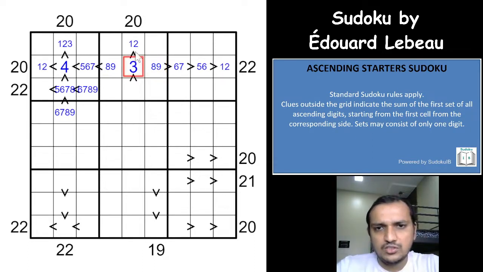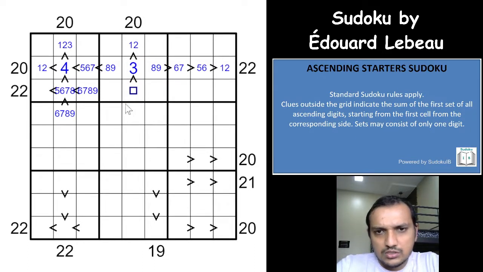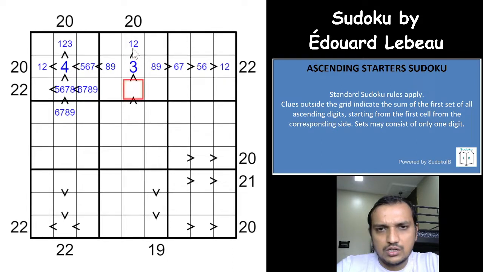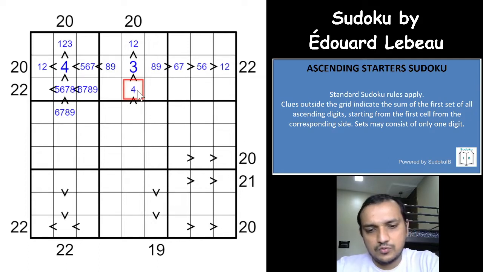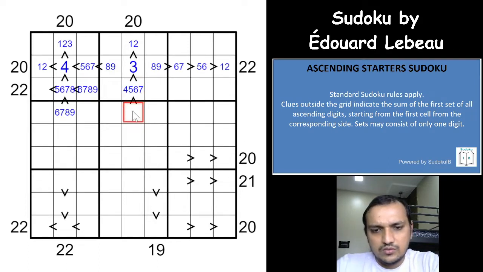So if you have a 3 here, you need one more at least to have the 20 sum. So which means 4, 5, 6, 4, 5, 6 and 7, 5, 6, 7, 8 and 9, and you can still have more. So 7 and 8 would give you 20, 3 and 2 would give you 20.